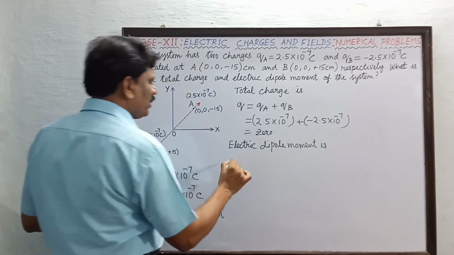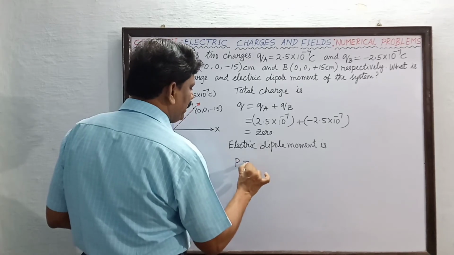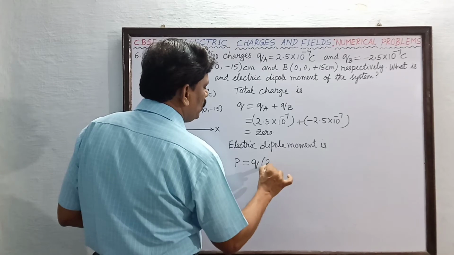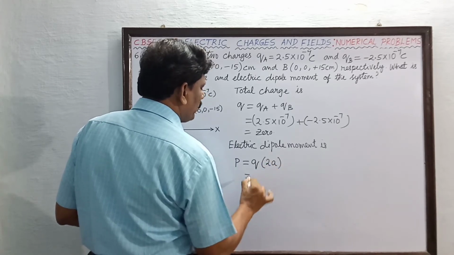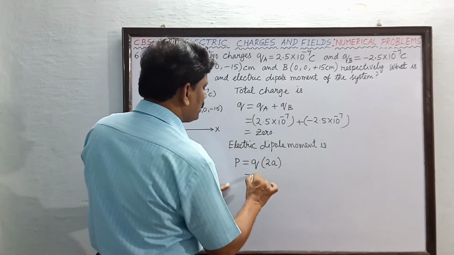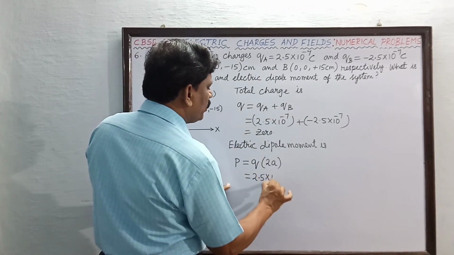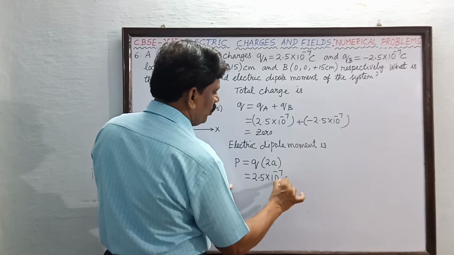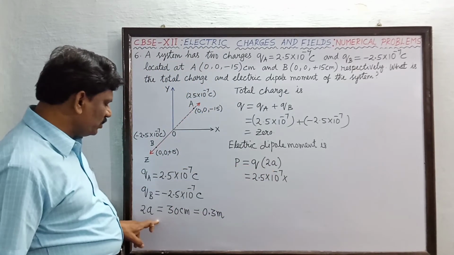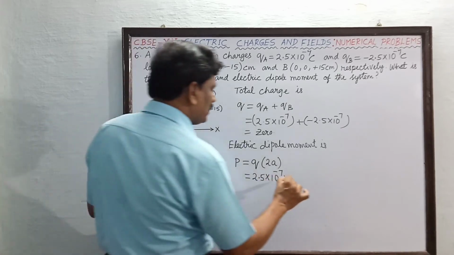So the magnitude of the electric dipole moment P is equal to Q multiplied by 2A. So what is one of the charges? The magnitude of one of the charges is taken as 2.5 into 10 to the power of minus 7 coulomb into the distance of separation between the two charges, which is 0.3 meter.